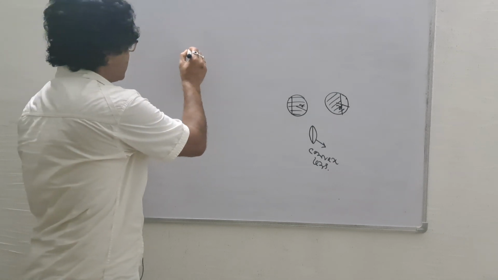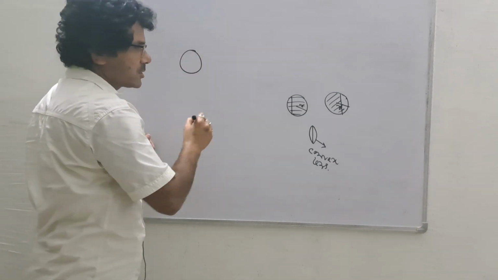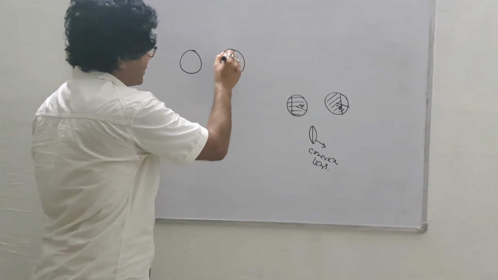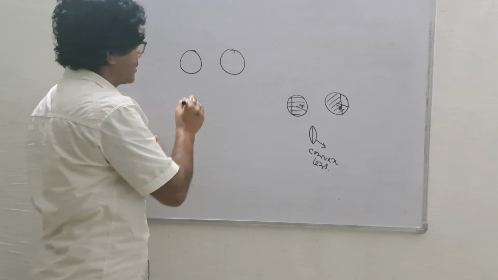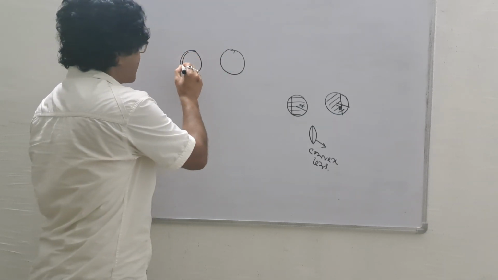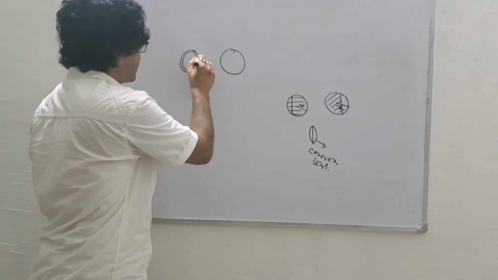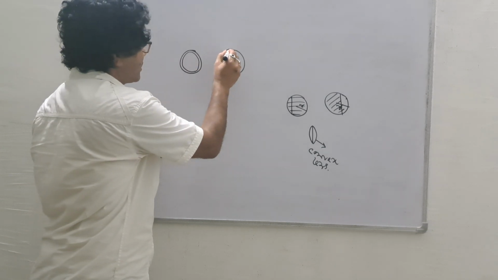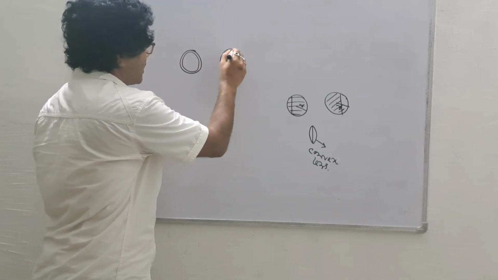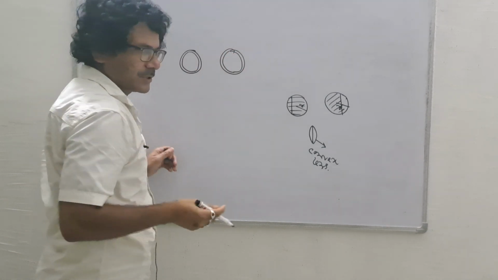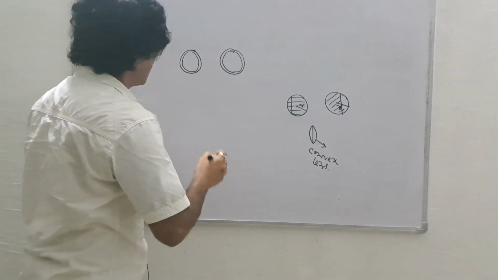Now, this is a hollow sphere, this is a hollow sphere. That is, inside is empty. And this much is the thickness of the sphere, like a deuce ball, hollow inside.